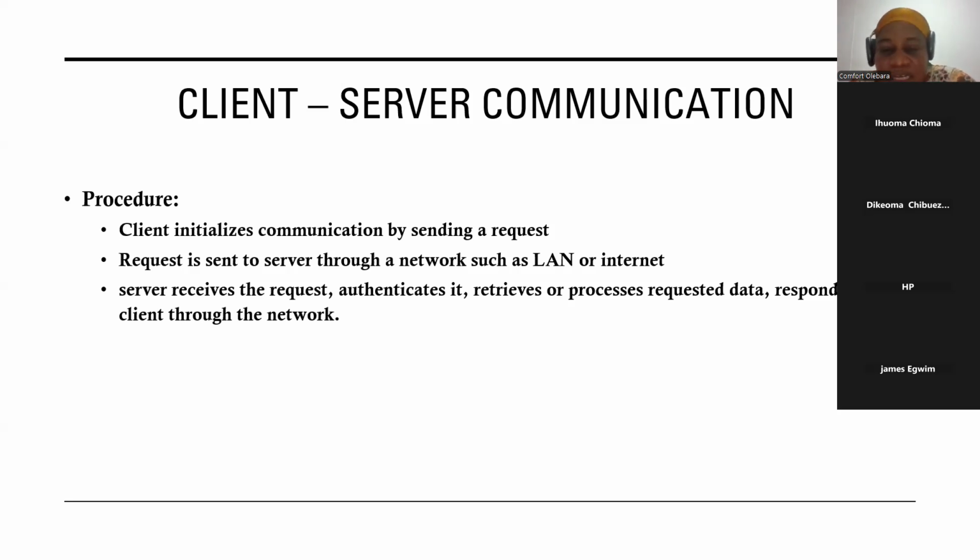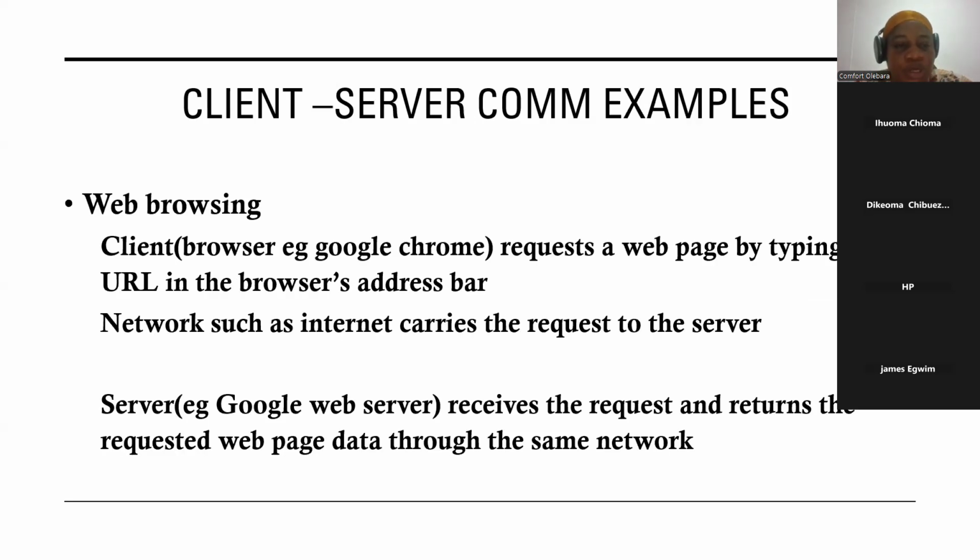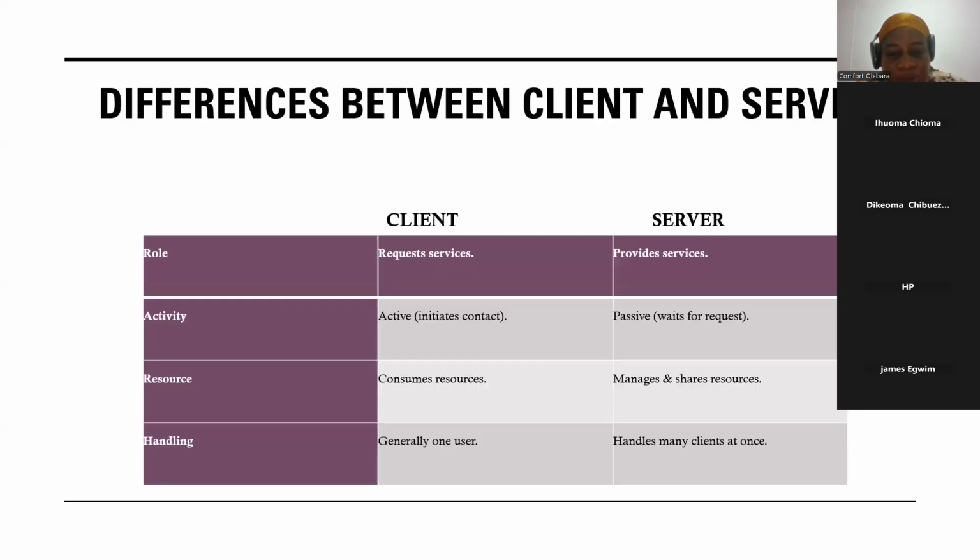They validate and authenticate your request, then retrieve the requested data and serve it up through the network. We talked about the types, such as web browsing, your emails and so on.